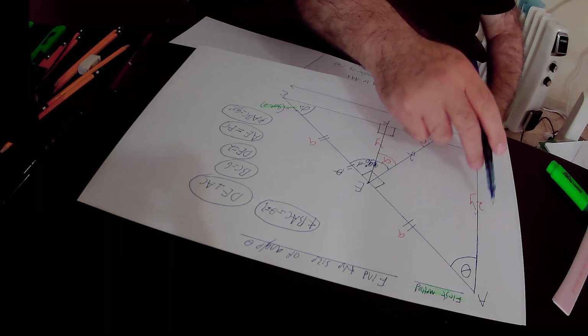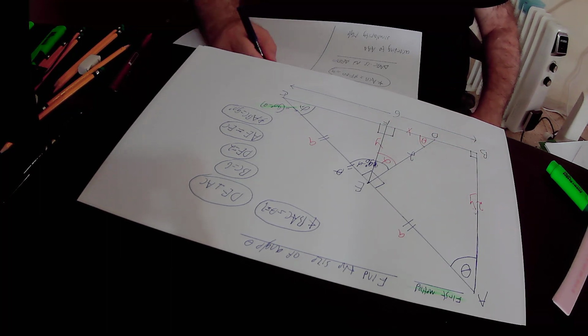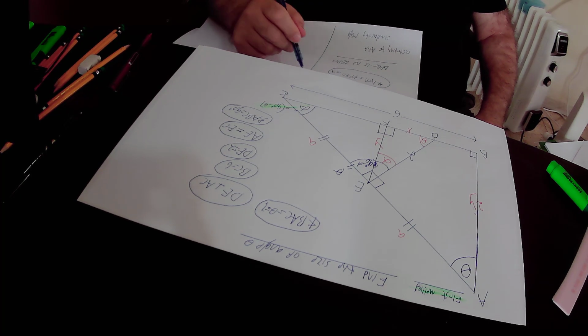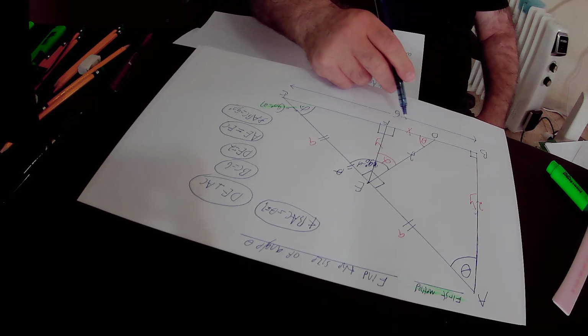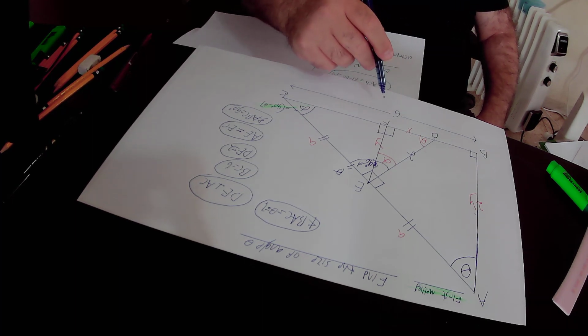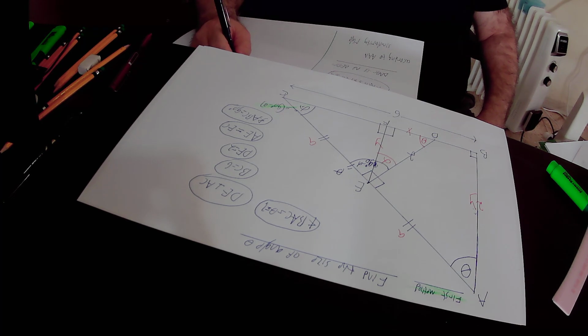We derive that AB over BC in the right triangle ABC is equal to DF over EF.